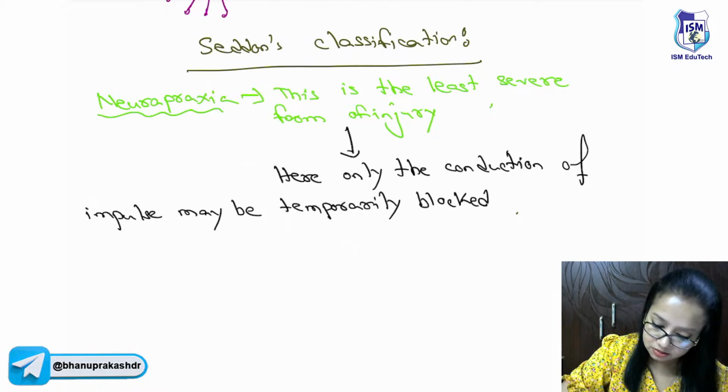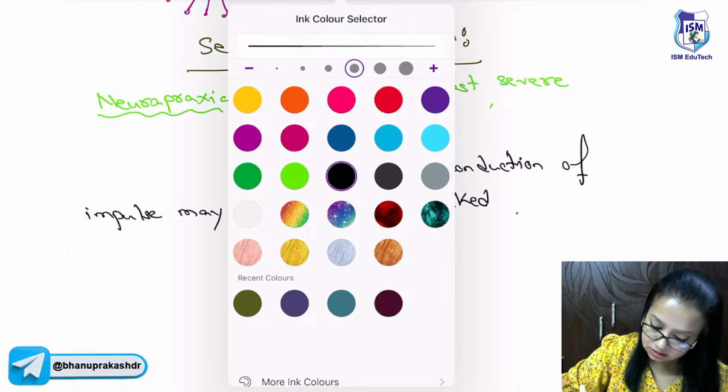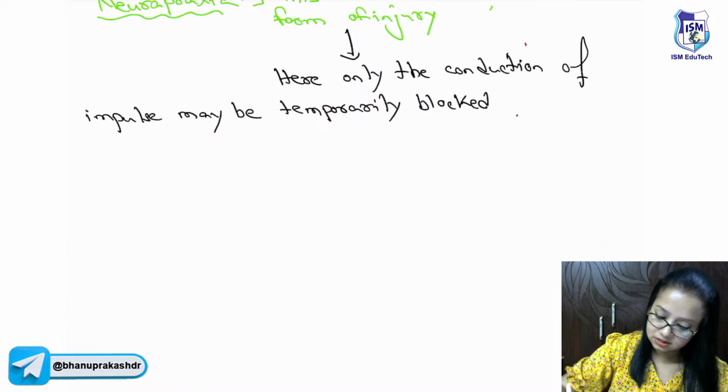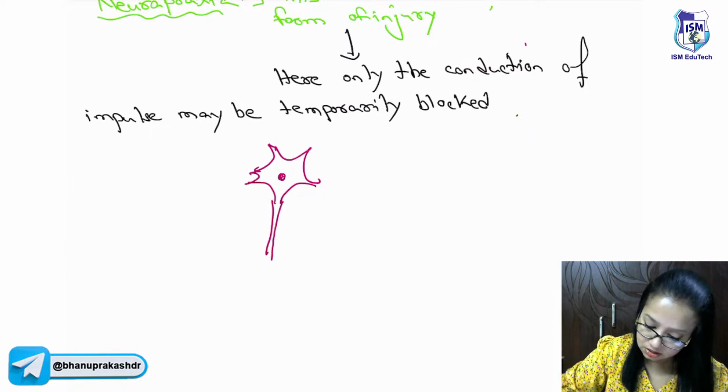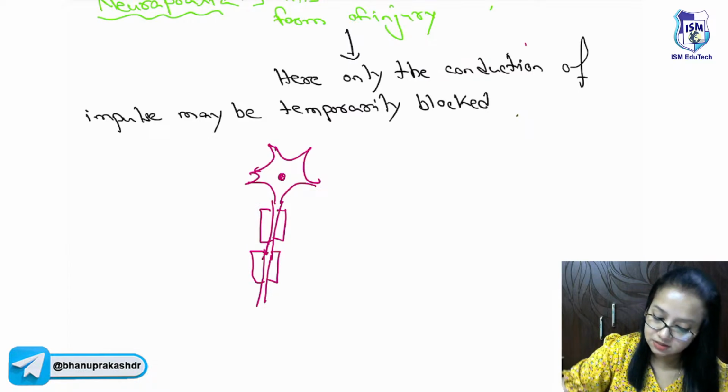Why does this happen? Say this is our nerve fiber, one neuron. Say there has been an injury, a trauma, but this trauma is not very severe.